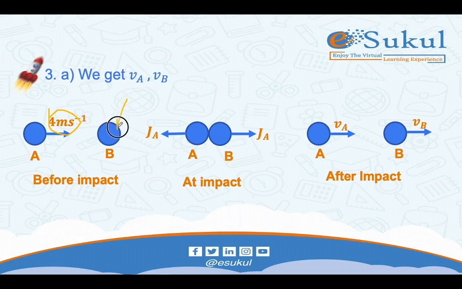At impact we have the impulse exerted by A on B, J of A, and vice versa, the impulse exerted by B on A, J of B. So after impact, we then have their velocities, VA and VB. And remind ourselves that after impact, both spheres move in the direction of sphere A, as you can see on the slide after impact.